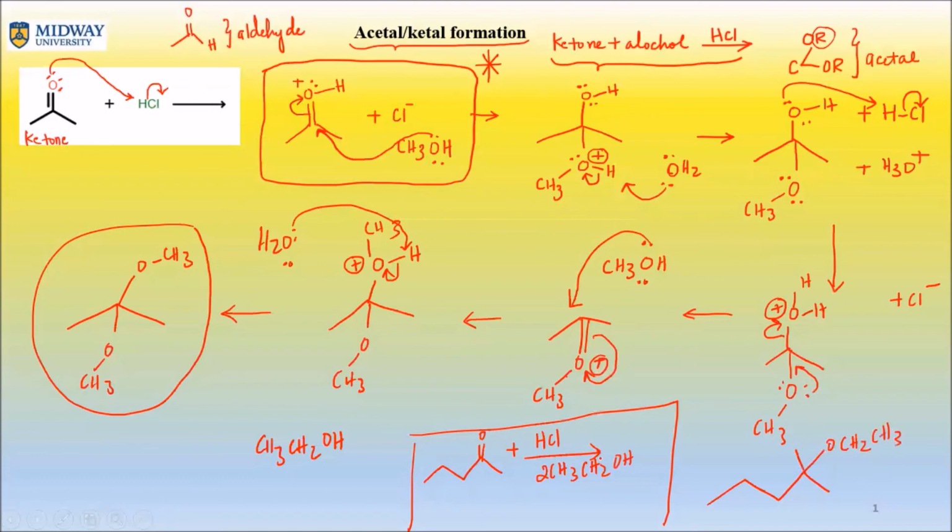Just don't add the H here. Split it in 2 parts, and on the other side add OCH2CH3 as well. Basically, this is a short version of remembering this. This is called an acetal, okay, or ketal. If it's coming from a ketone, it's called a ketal, but generally it's also known as an acetal.